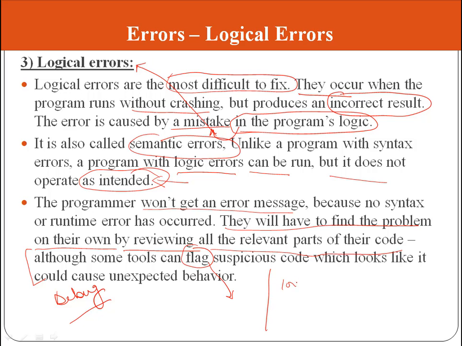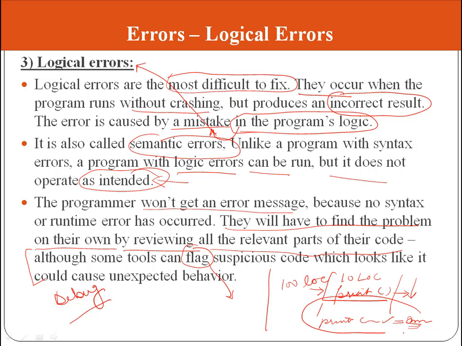Suppose there are 100 lines of code, and after 10 lines of code where there should be an output, you just try to print something out of that code snippet. If up to this the result is okay, it means there is no mistake in these 10 lines of code. Then you move ahead again, you print a flag over here, and you try to find the result up till this code. If now the result is unexpected over here, it means there is a logical mistake in this code.